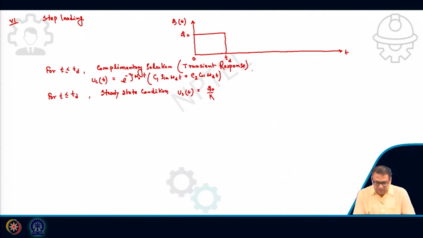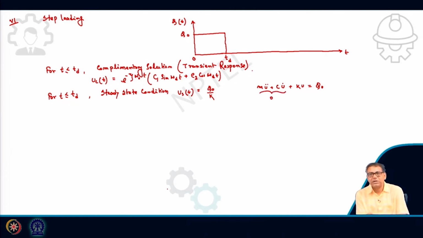As the loading is not changing with time, in the equation m u double dot plus c u dot plus k u equal to Q0, the derivative part will be 0.